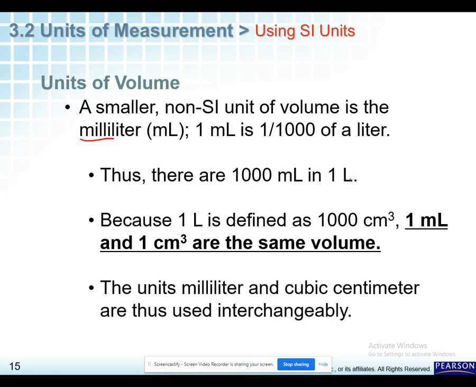And I said this on the other slide, but because 1 liter is defined as 1,000 centimeters cubed, 1 milliliter equals 1 centimeter cubed. It's the same volume. So this is a good conversion that we use when we get to advanced chem that I'm going to point out here. So the units milliliter and cubic centimeter are interchangeable.